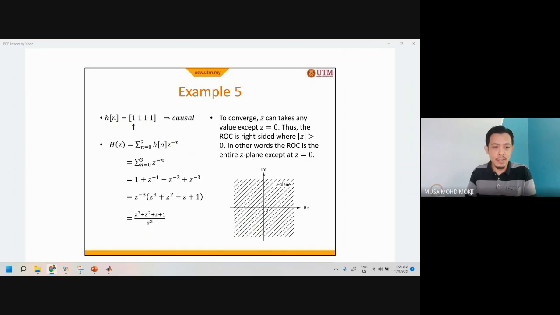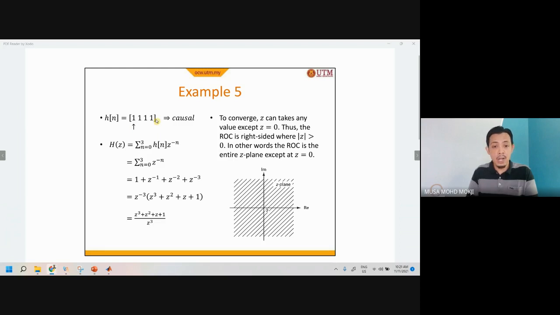Okay, so how to know that? What is F and I? F is finite, I is infinite. What is finite? Finite means the length of the signal or the length of this sequence is not equal to infinity. If you can count 1, 2, 3, 4, that one is obviously finite.